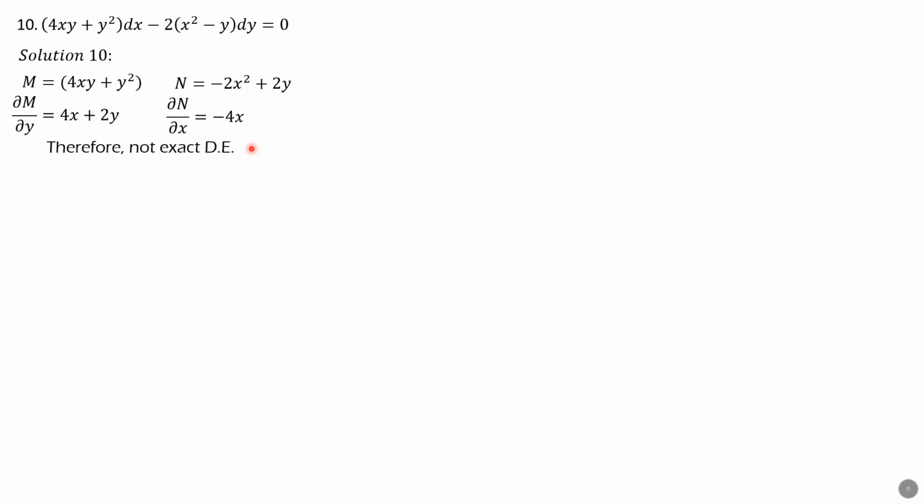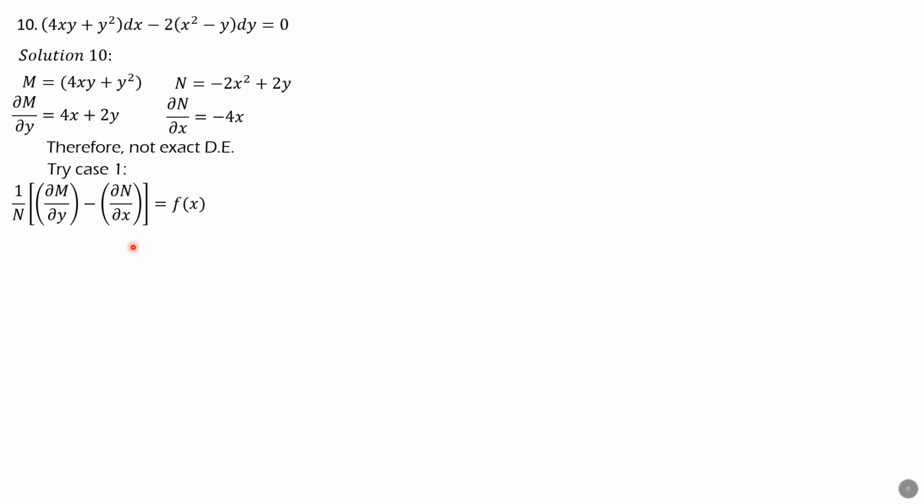So let's try case 1. If the value of 1 over N, which is p of x, is a function of x alone, so 1 over N times the quantity partial of M with respect to y minus partial of N with respect to x is f of x, a function of x alone.